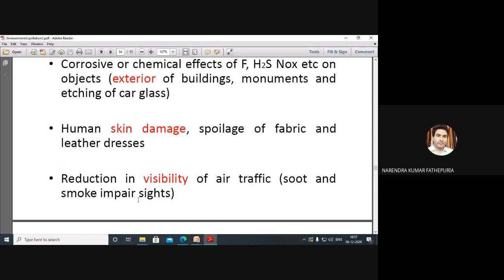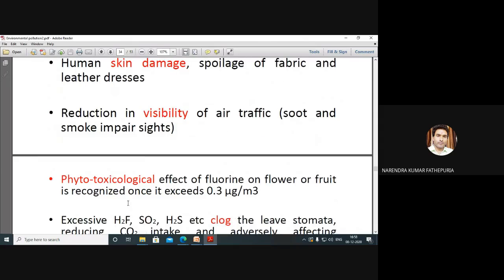right? So there are eight types of pollutants which are responsible for skin cancer. Reduction in visibility for air traffic: soot and smoke impair sight, also causing problems. There is a phytotoxic effect of fluorine on flowers, fruits, and plants.